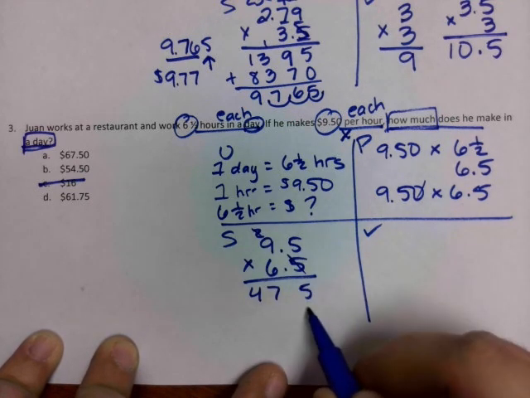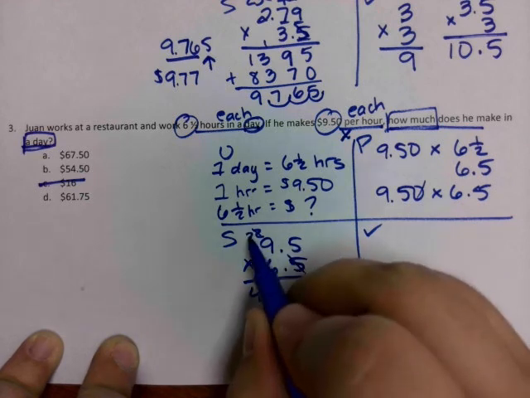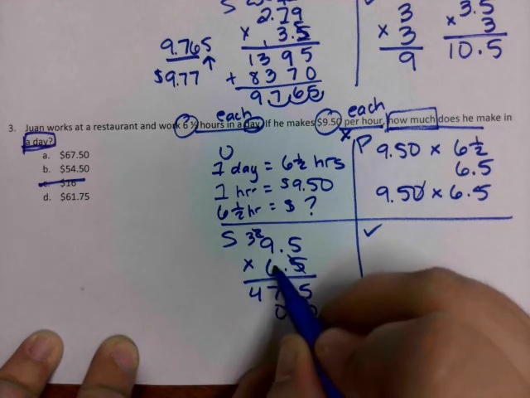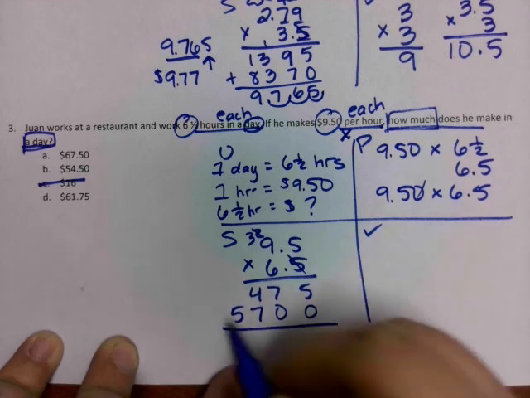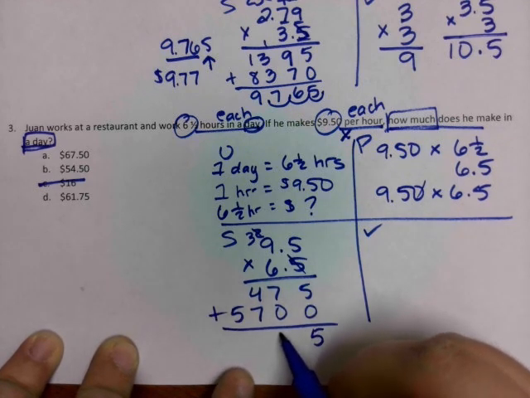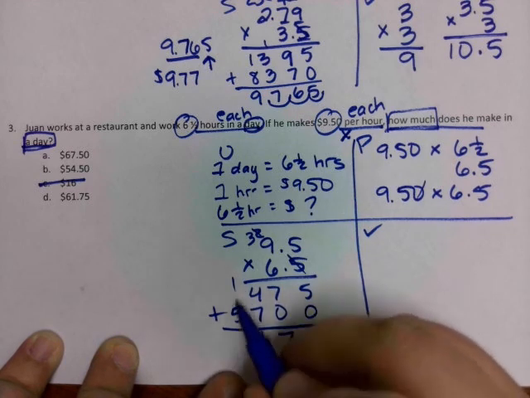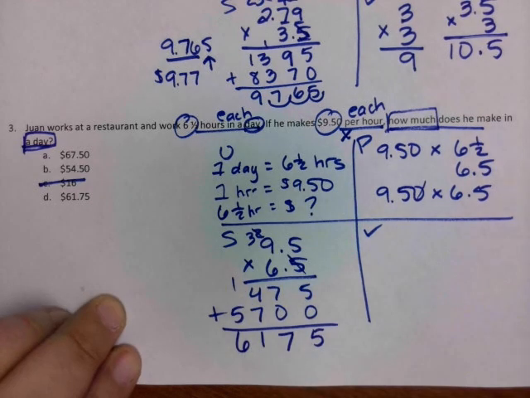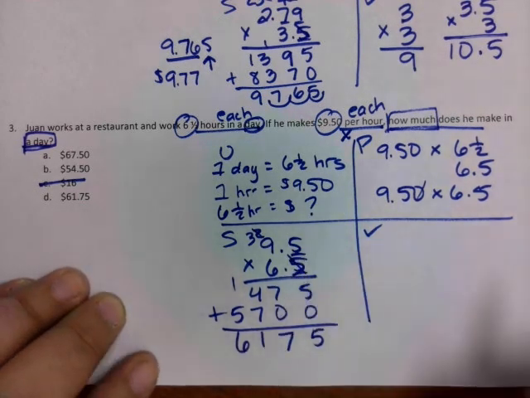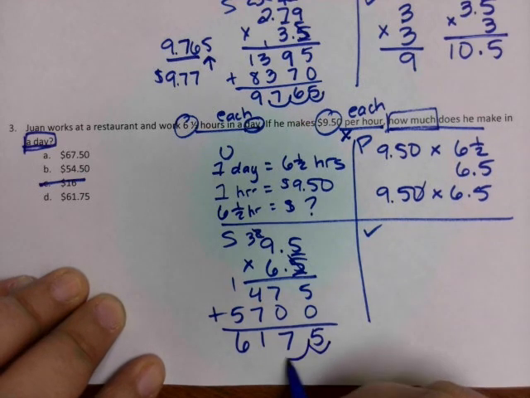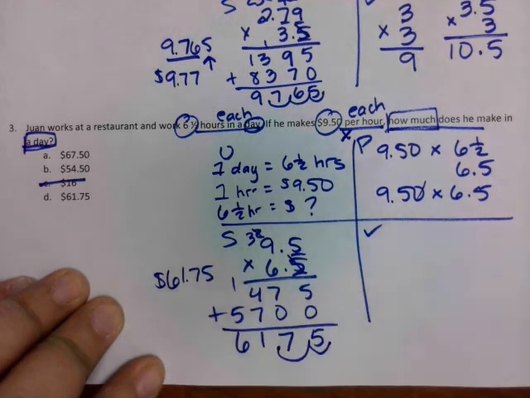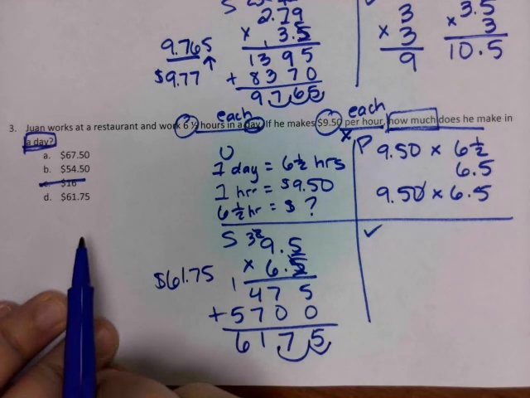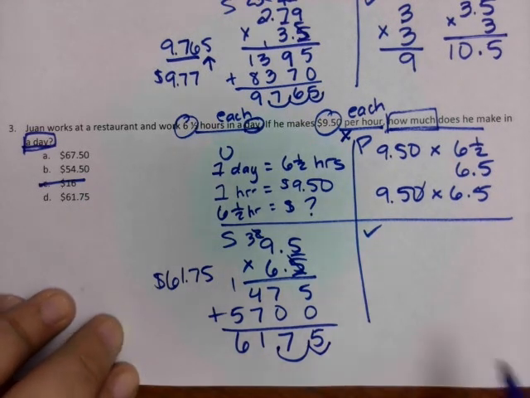Cross that off, cross that off. 30, 54, 57. 11 and 6. And now we have to move the decimal 2 times from the back, once, twice, and we get $61.75, which does match our answer choice here, so we should be good.